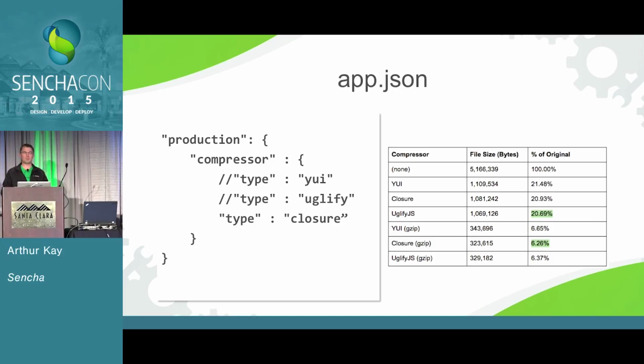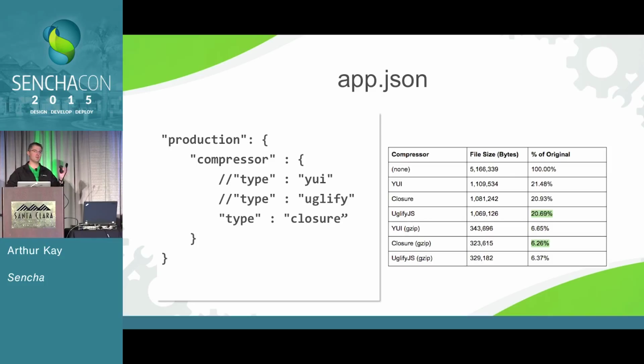So that's really interesting. And clearly, the message here is we should all be using UglifyJS. Except that's not true, because we're not taking into account how a web server may gzip the resources that come down from your server.